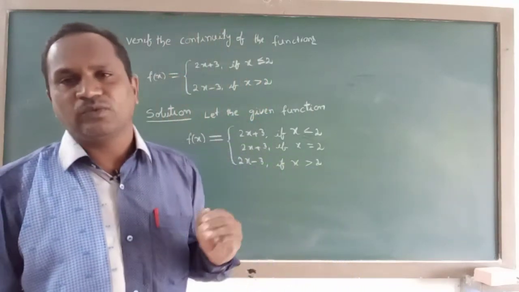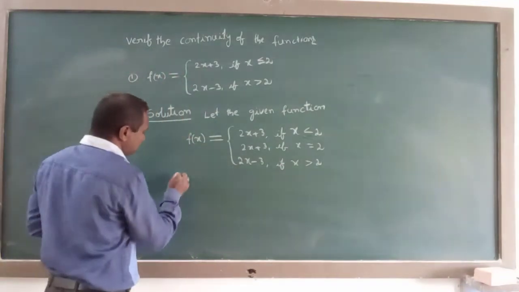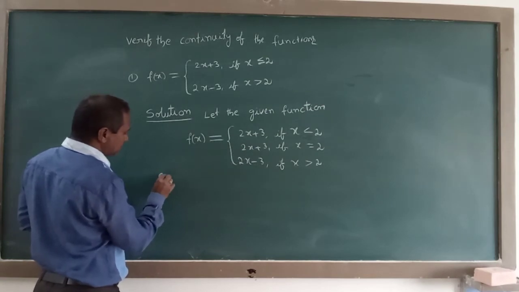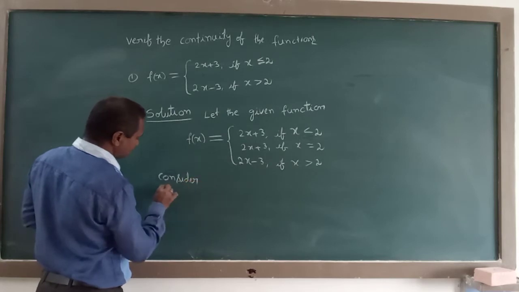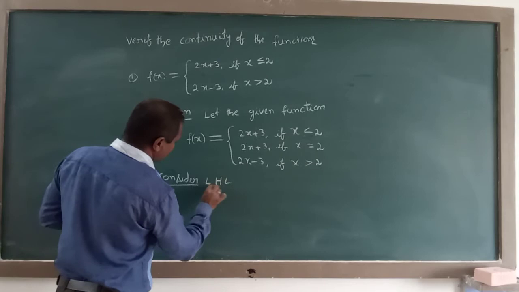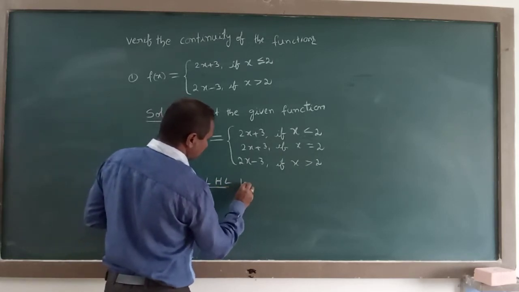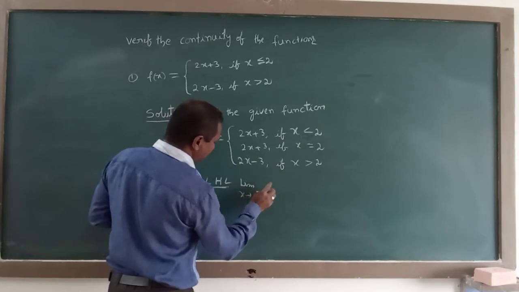First, I am going to find the value for LHL. Consider the LHL value. LHL is the limit as x tends to 2 minus of f of x.